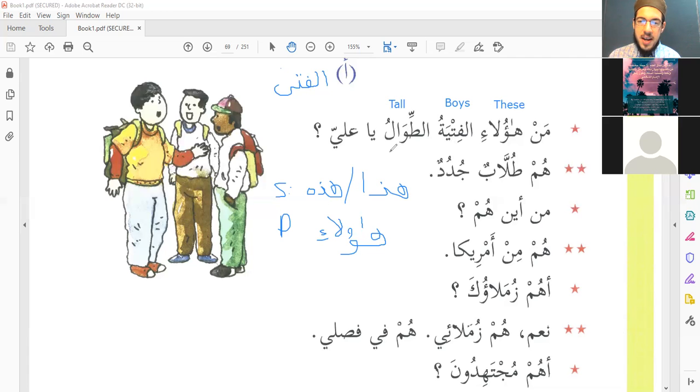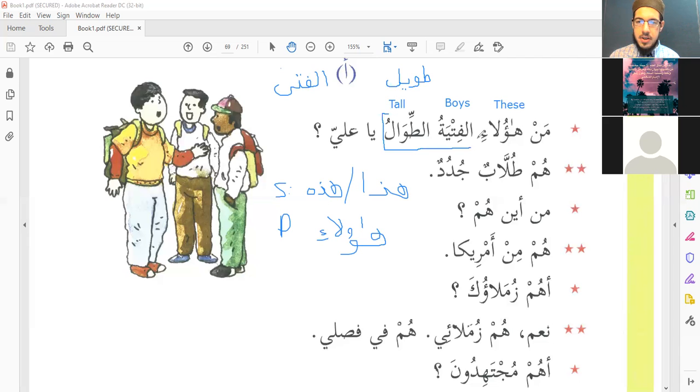The second word we have, al-tiwal, which is the plural of tawil. Oh, yes, we have to match the adjectives, right? So in the singular, this was tawil. In the plural, it's tiwal. So here we go. This is exactly what we were talking about in the very beginning. We have a sifa mawsuf.